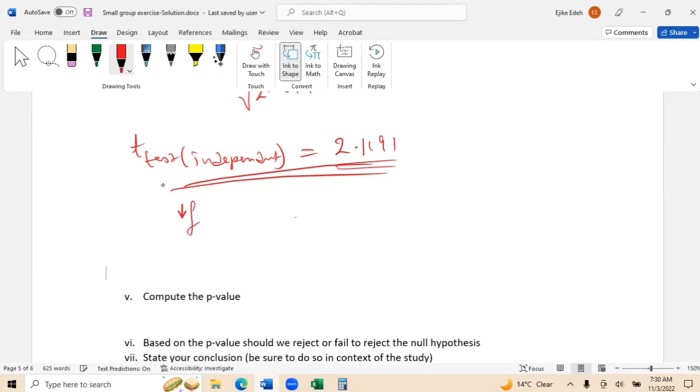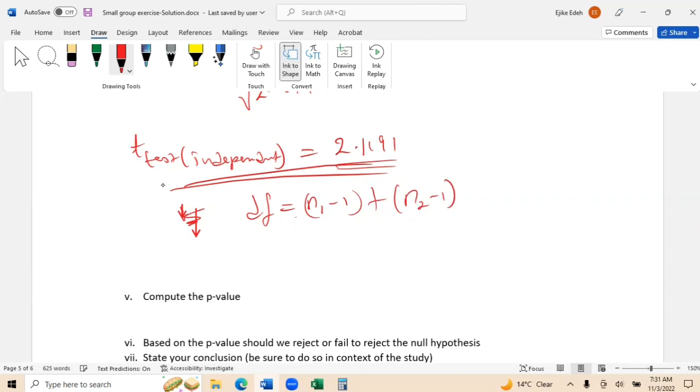So the degree of freedom is actually the degree of freedom for group 1, which is n1 minus 1, right? Plus the degree of freedom for group 2, which is n2 minus 1, right?